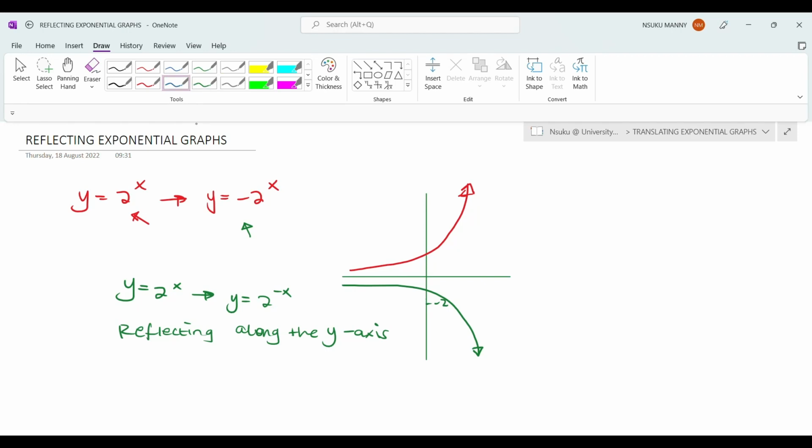And with this one, we are reflecting along the x-axis. So those are the two types of reflections that I wanted us to talk about in this video.